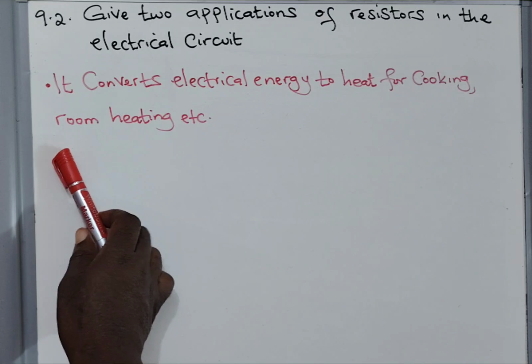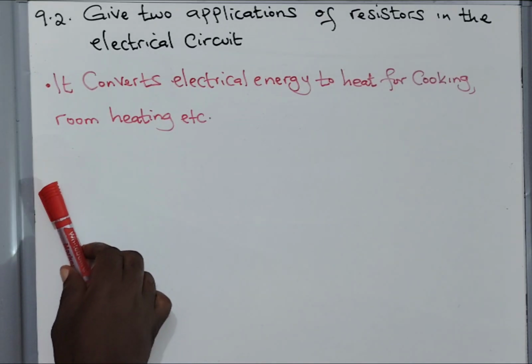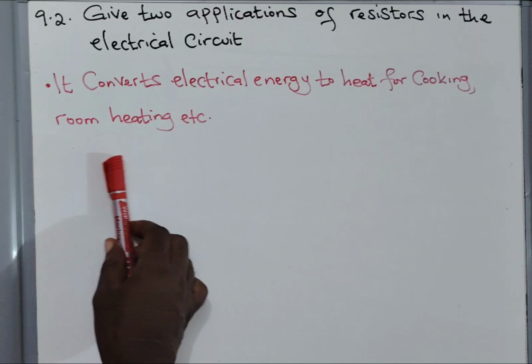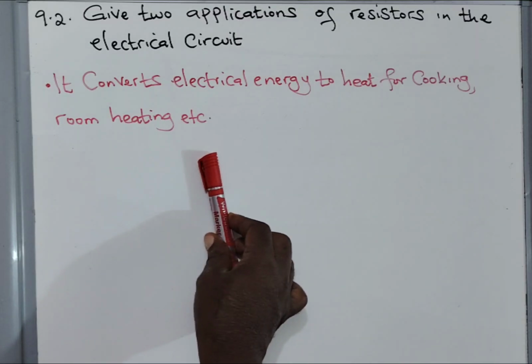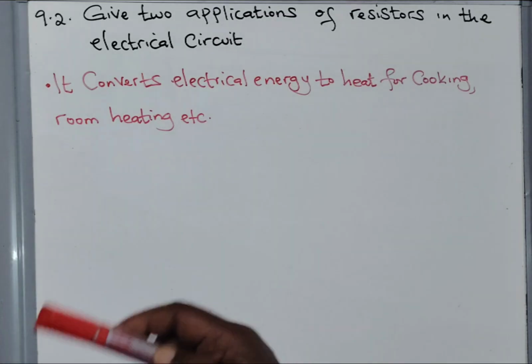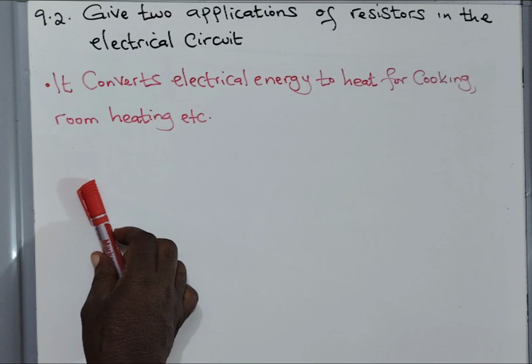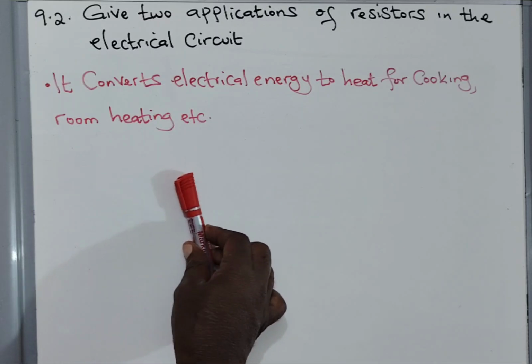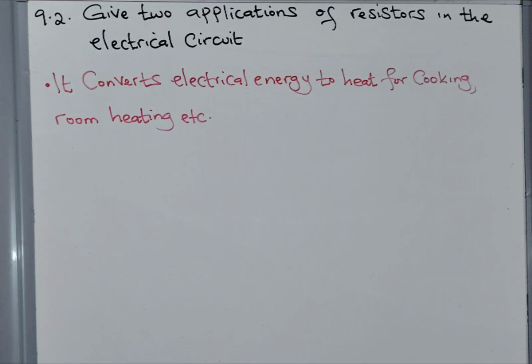So what is another use of resistance? In incandescent bulbs, the resistance of the filament coil converts electrical energy to heat, then to light for lighting.